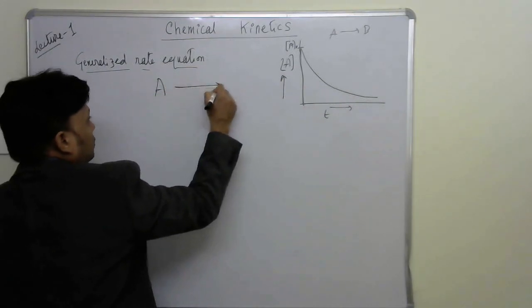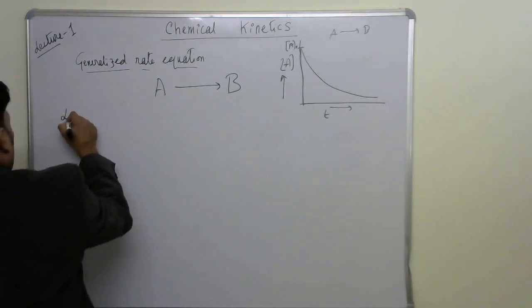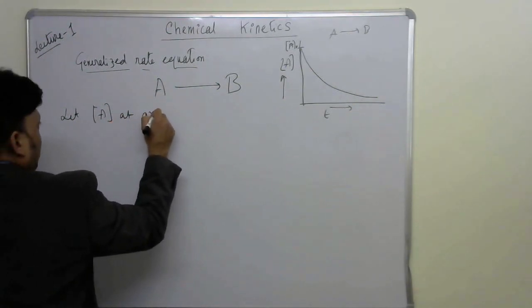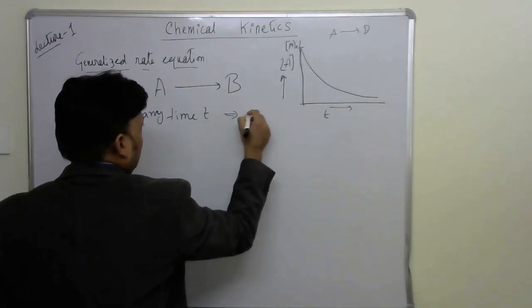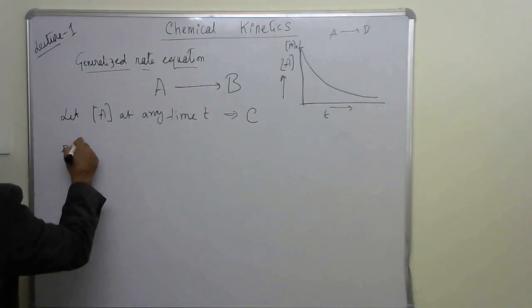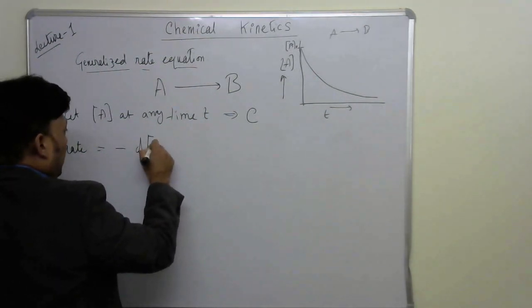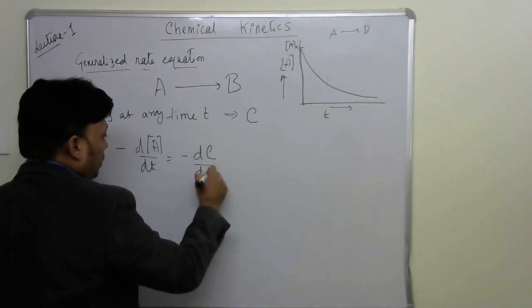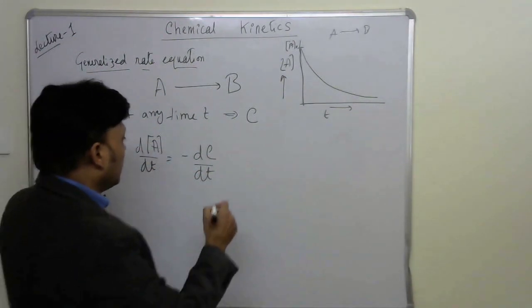So once again, we assume a reaction A converting into B, and let the concentration of A at any time t be represented by C. Here the rate, or the speed of the reaction, we can write as minus dA/dt, or minus dC/dt, because we are expressing it as the change of the concentration of A, so that's why the negative sign.